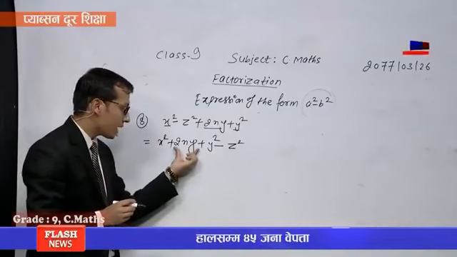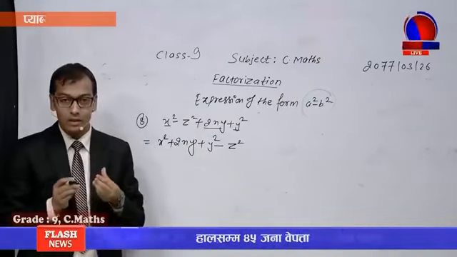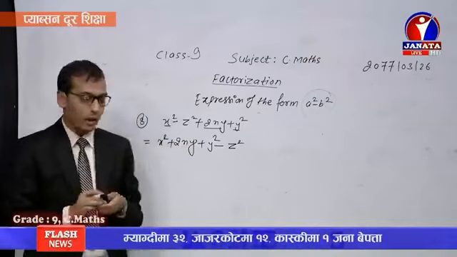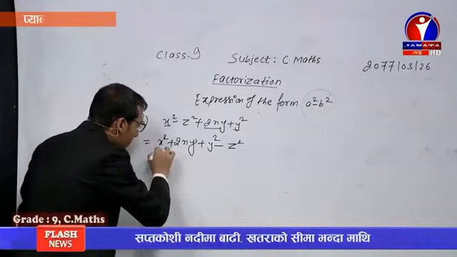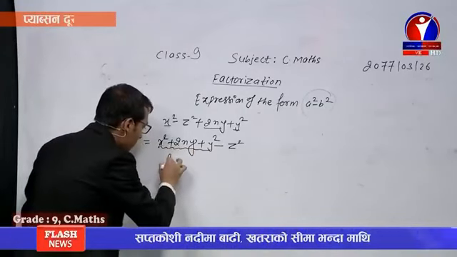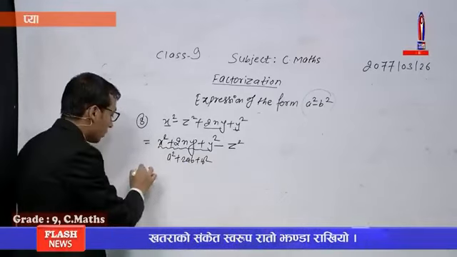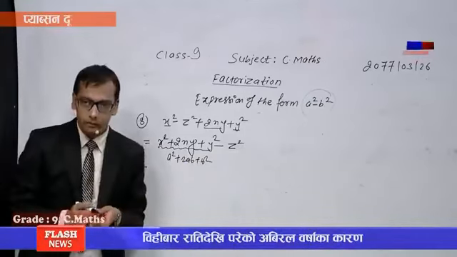X square plus 2 times xy plus y square is the same as a square plus 2ab plus b square. So we know what a perfect square is.